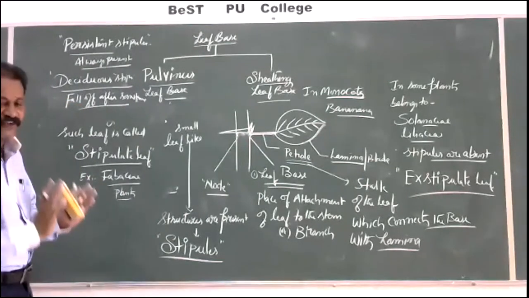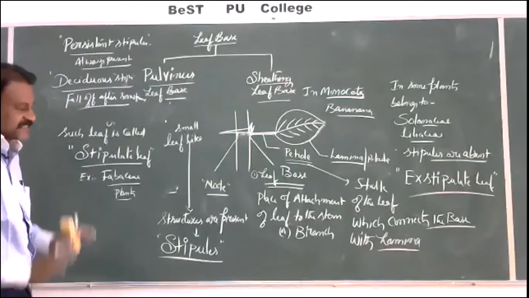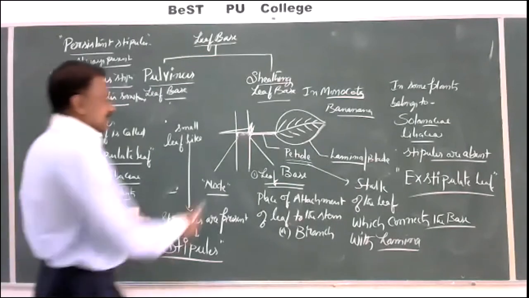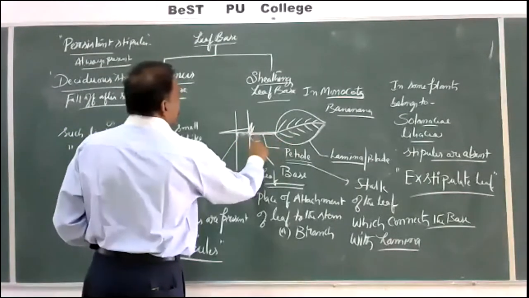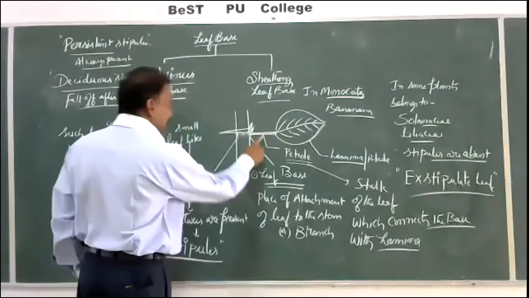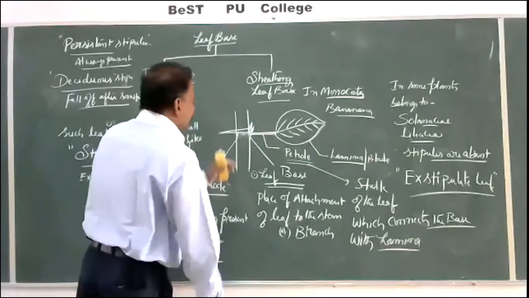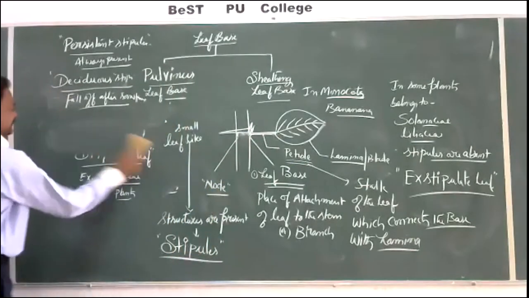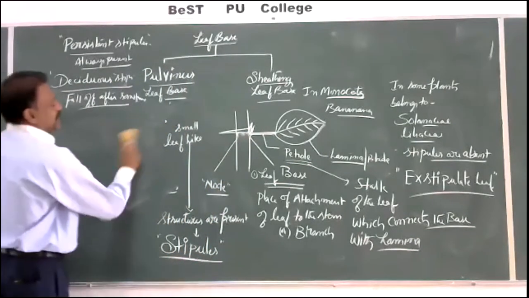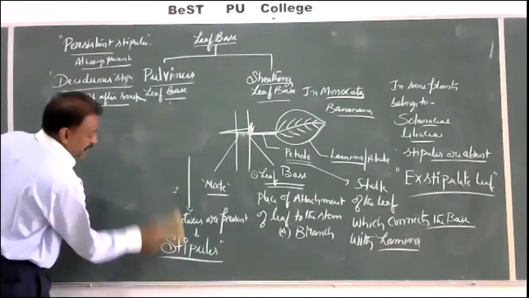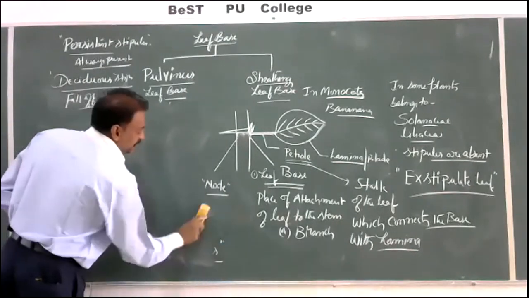Petiole is the stalk of the leaf which connects the base and lamina. The connecting link between lamina and base. For what purpose, sir? To supply the food materials, water, minerals, everything.